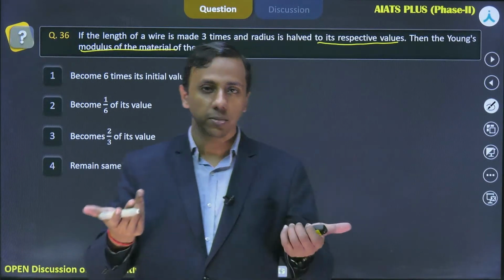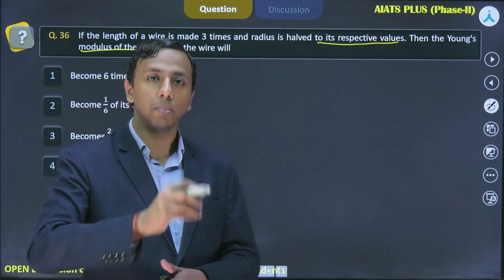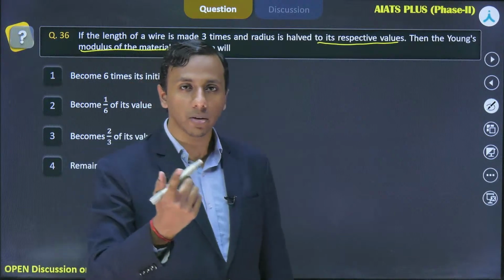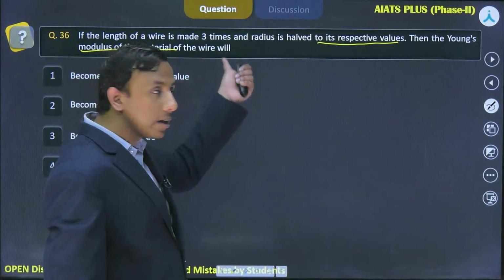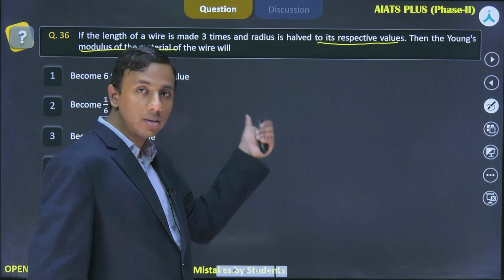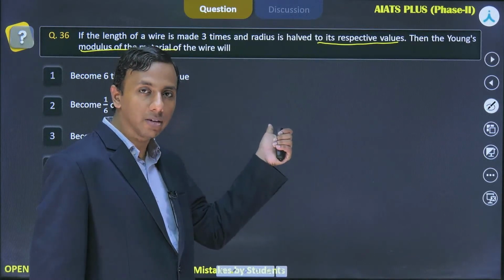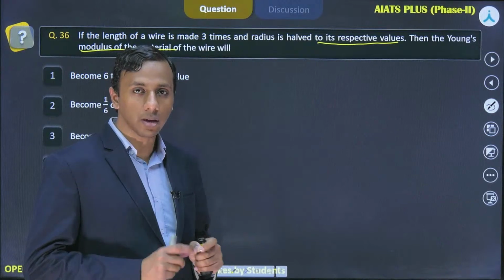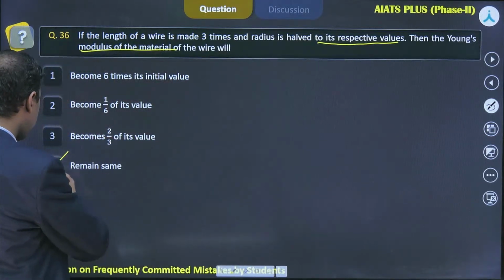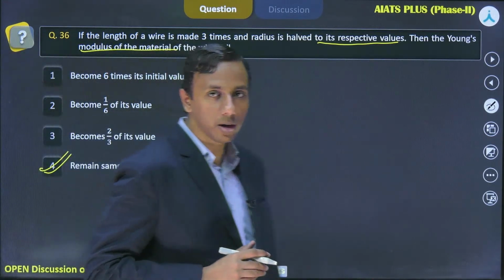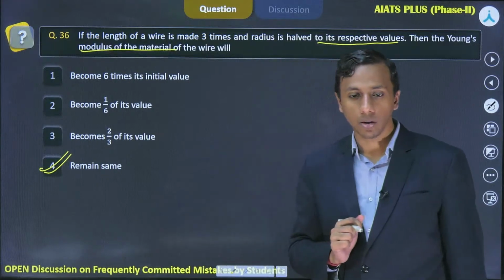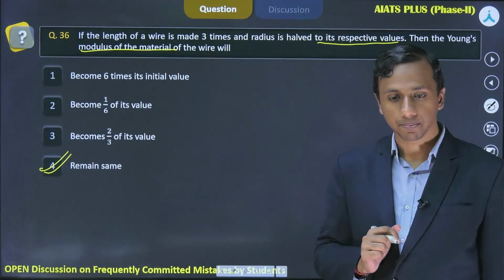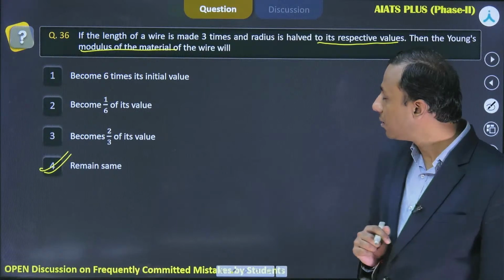Young's modulus also, just like breaking stress, depends on the material. It is irrelevant no matter what or how much you are changing the dimensions. It is irrelevant as far as Young's modulus is concerned. So it will remain the same. Young's modulus will remain the same.